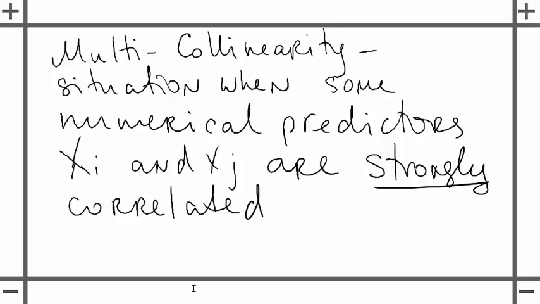That means that the coefficient of correlation between them, I'm going to call it R, between xi and xj, the absolute value is between 0.7 and 1, right? That's what it means.